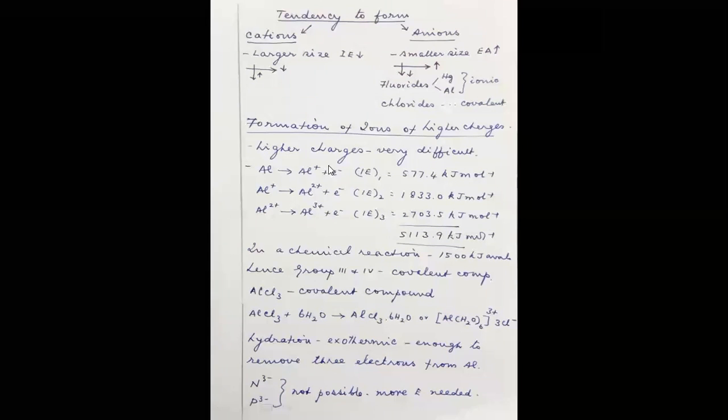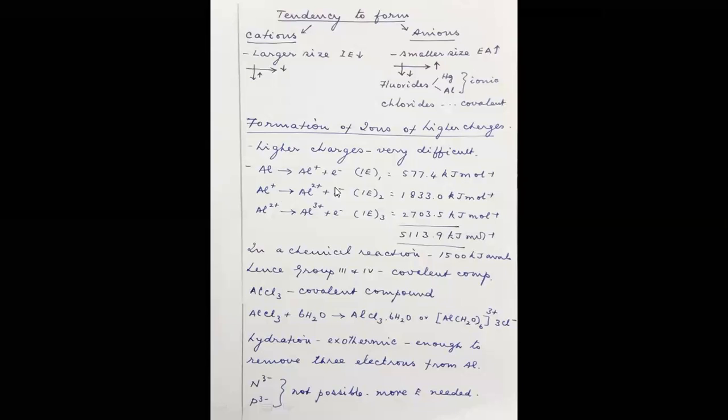If you want to remove one more electron from the aluminium to form aluminium 2 plus, aluminium is already positively charged. Because of the effective nuclear charge, now the proton number is greater than the electron number. Therefore, the larger number of protons will effectively attract the smaller number of electrons, so the removal of another electron becomes very difficult.